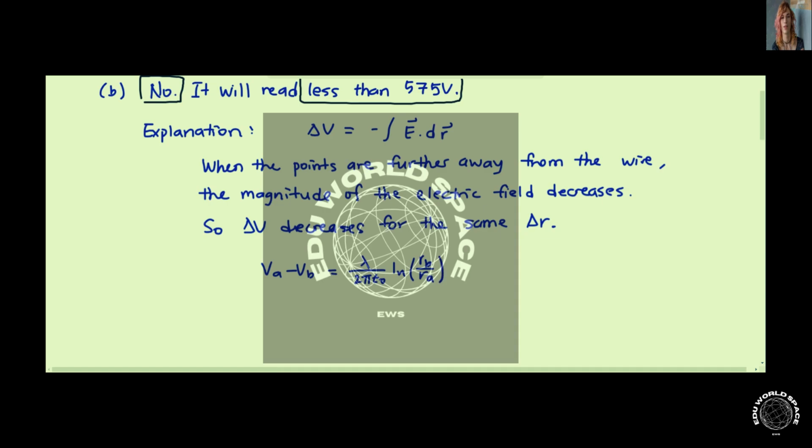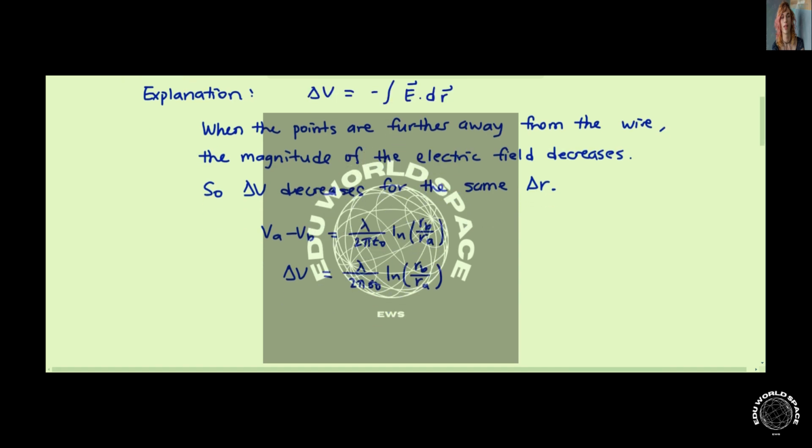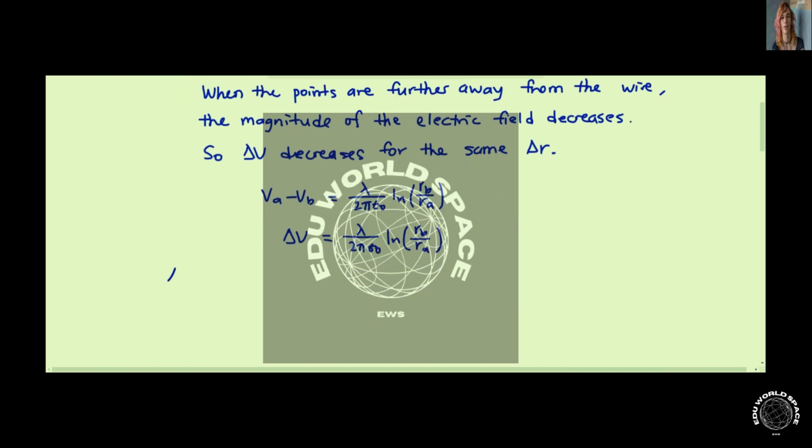So delta V1, which is 575 volts, is proportional to natural log of 3.5 divided by 2.5, and delta V2 is proportional to natural log of 4.5 divided by 3.5.